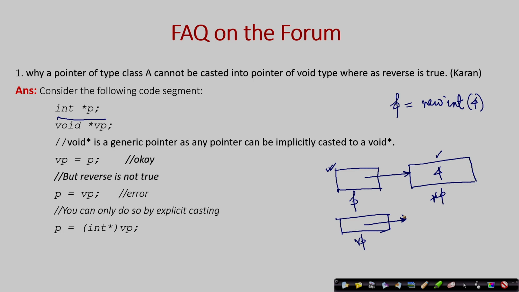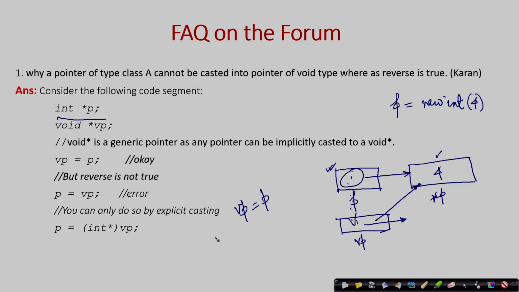What I can do is, when I do VP assigned P, I am taking this address and copying it here, which means this is actually pointing to this. So, I have a void pointer, which is an address that could point to anything. Now, it is pointing to an integer.